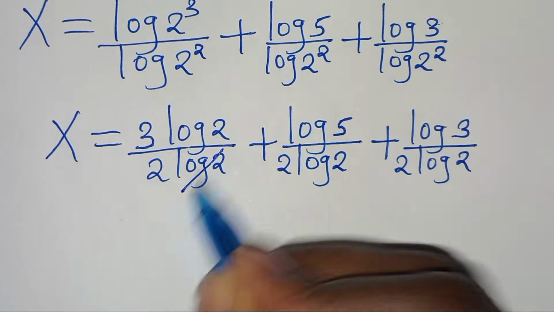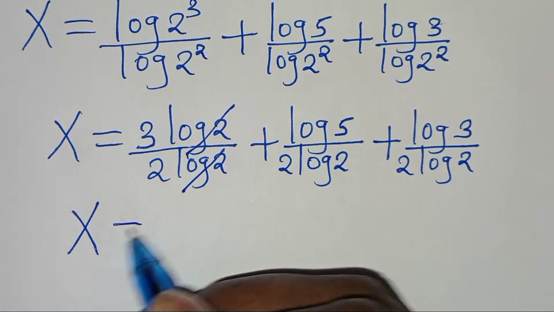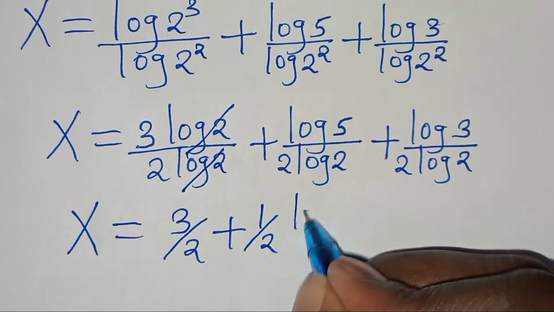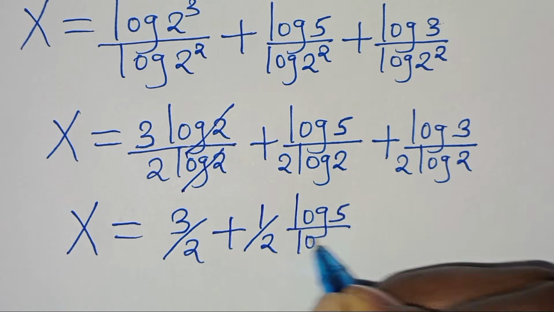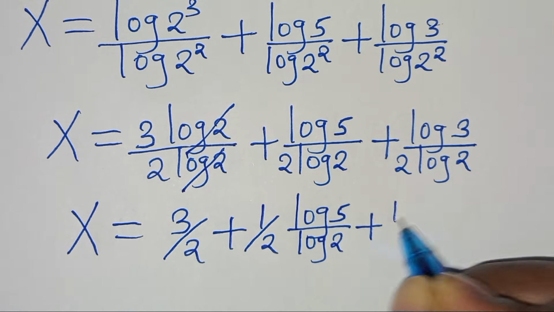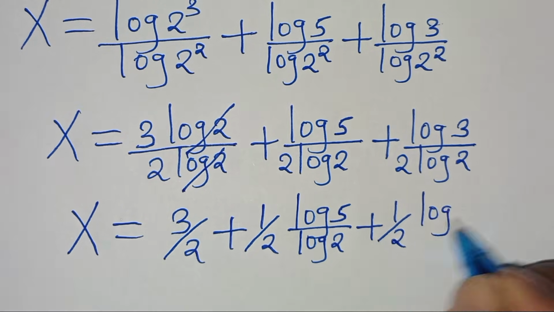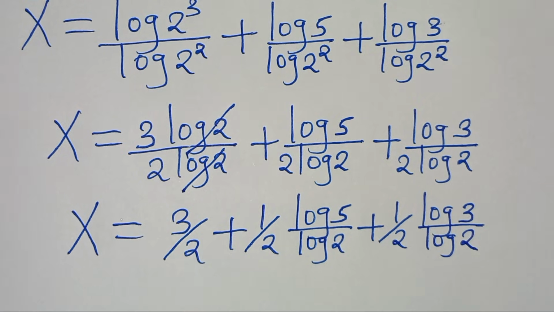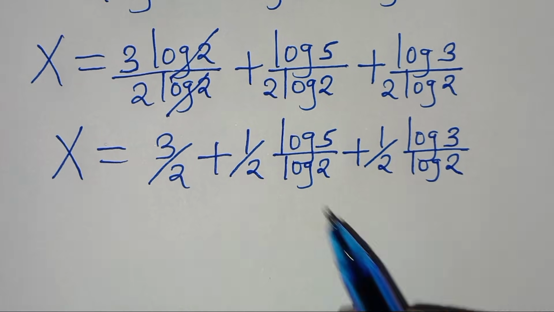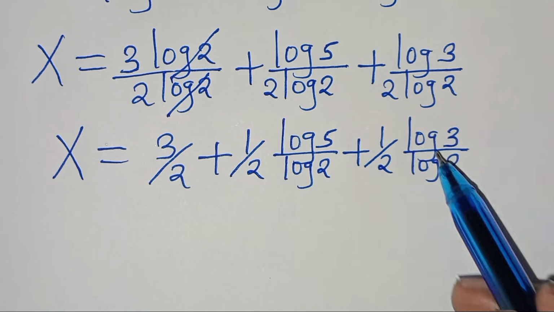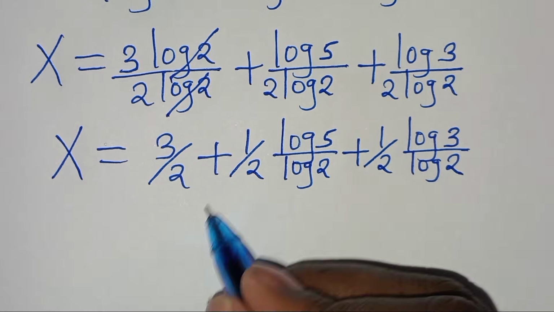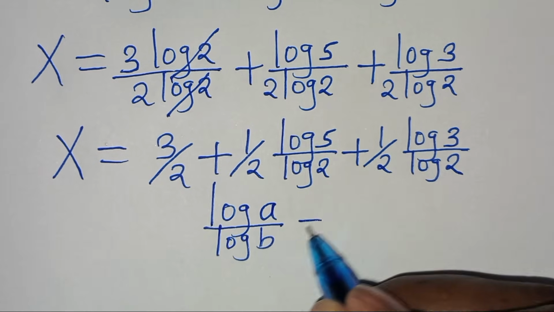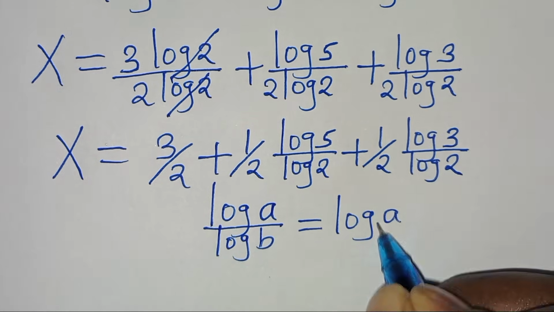So we can simplify log 2 and log 2, so that now we have x equal to 3 over 2 plus a half log 5 divided by log 2, then plus a half log 3 divided by log 2. Now, the next step is that log 5 over log 2 and log 3 over log 2 are in the form of log a over log b, which can be expressed as log a to base b.